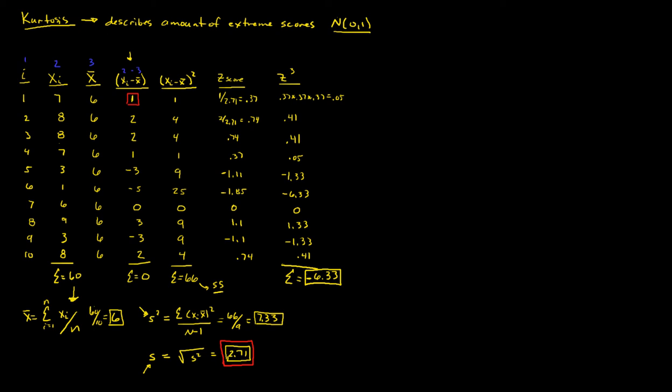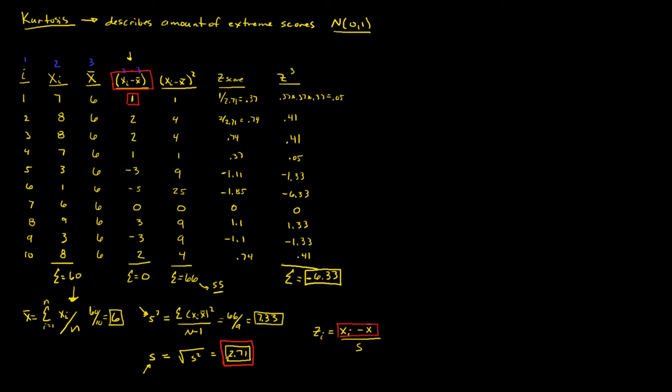2.71. From that, we used our formula for a z-score. Anytime we want a z at any I level, it's the X of that I, the raw score, minus X bar, divided by the standard deviation. This numerator piece here for the z-score, I'll do this in red, is this column 3 piece right here.